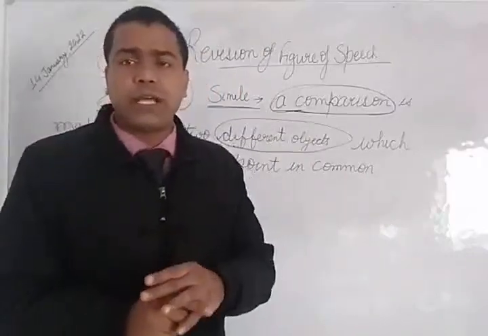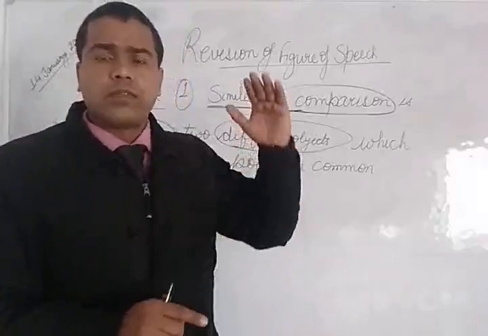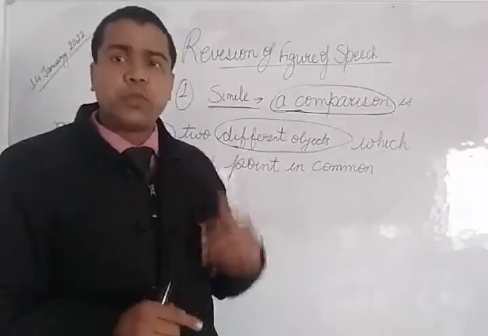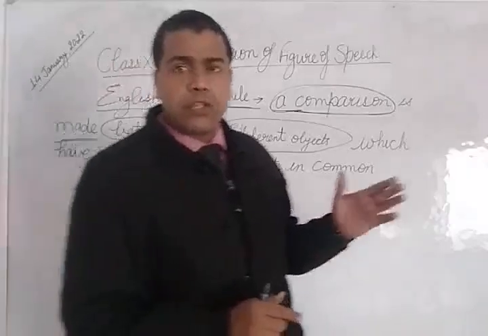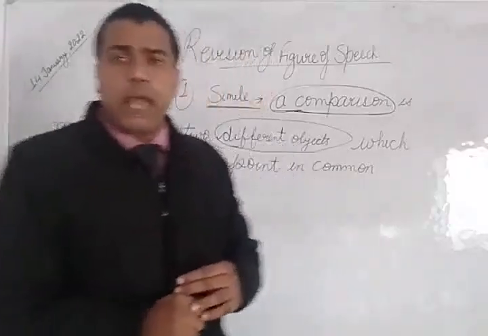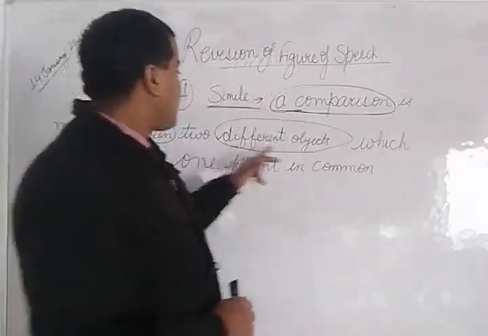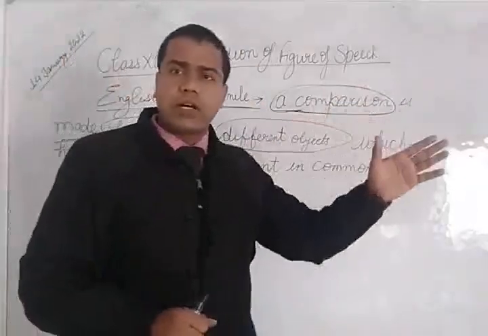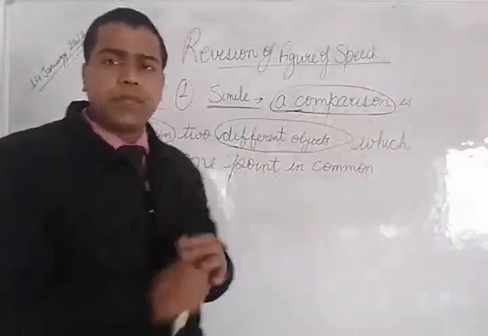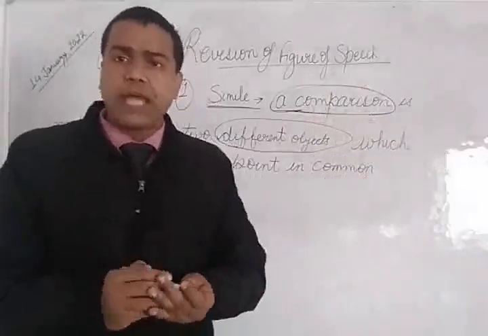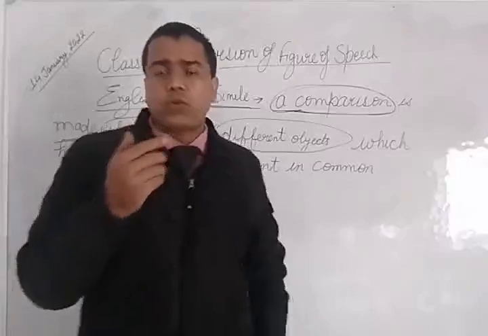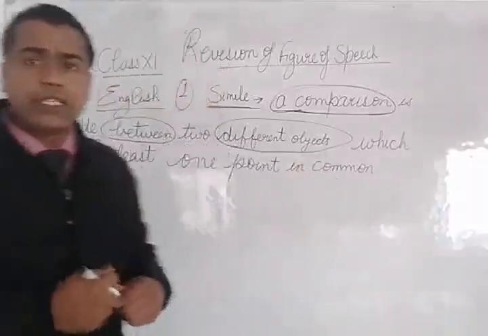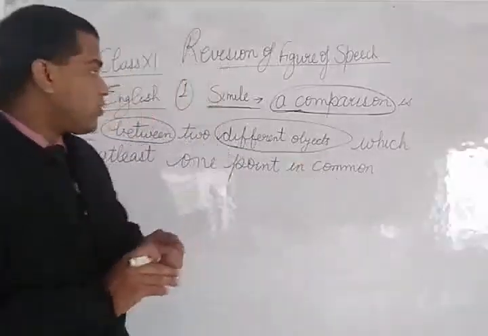Suppose you have to compare a lion and a human being, a man. Then you can say that I am comparing two different objects, because tiger is an animal and the human being is a man. So you are comparing a man with the tiger.